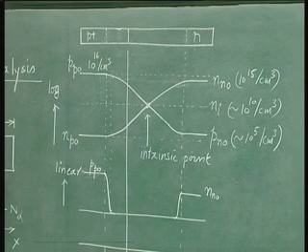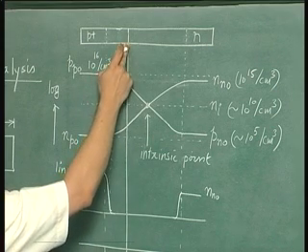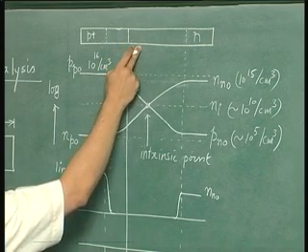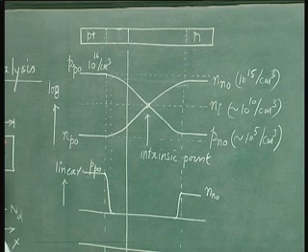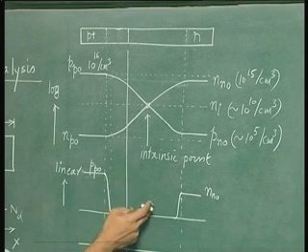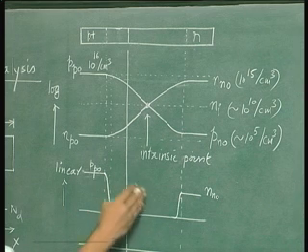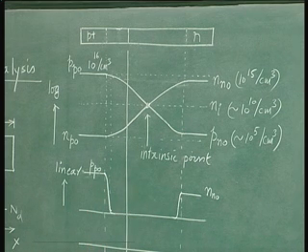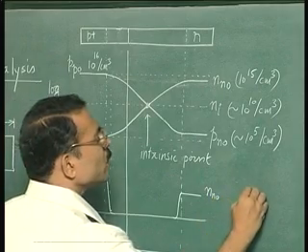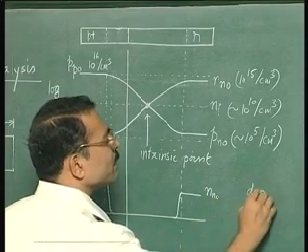That is why the region next to the junction on either side here is referred to as the depletion layer, because in this region the free carriers are totally missing. That is how we come to the concept of depletion layer.